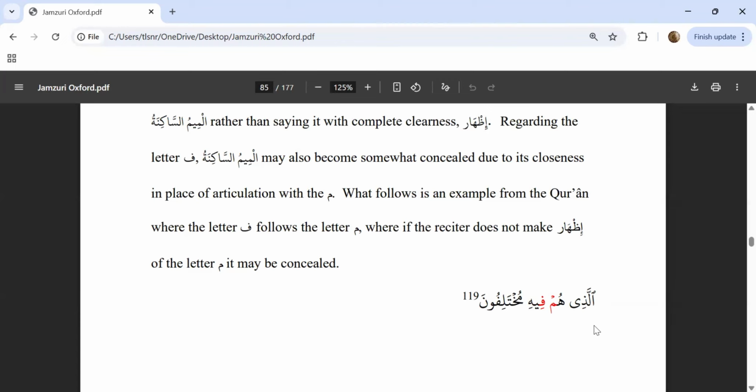But if one doesn't take the time or is rushing their recitation, or makes a mistake because we err and we are human, الذي هم فيه. So I didn't completely close my lips when I pronounced it the second time I read it. So I went too quickly, and it sounded as if I was concealing the mim rather than pronouncing it with idhar. So this is why he gives the caution, just because they come from the same place of articulation, the lips. So this was the reason for the warning.